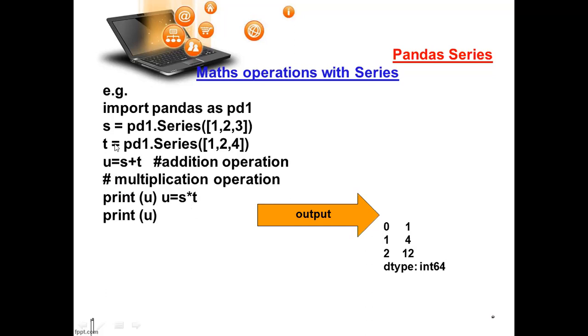Both are calculated and stored in u, then print u. So what happens whenever you try this? The elements will be added: 1 and 1, 2 and 2 makes 4, 3 and 4 makes 7. I'll show it in a practical.